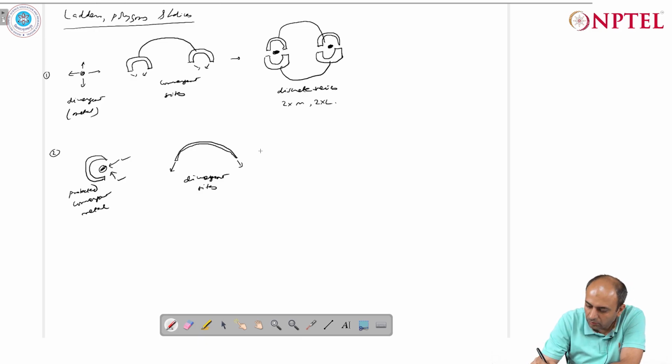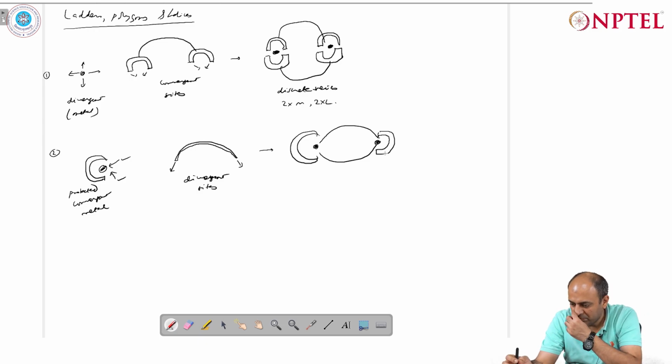So, this can now lead to the formation of a very specific discrete species where we can now have, so this is the ligand here and this is the ligand here.